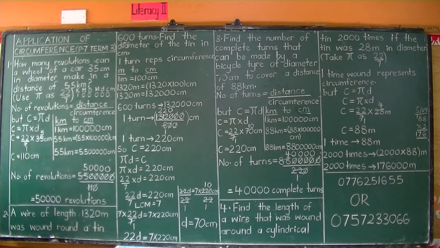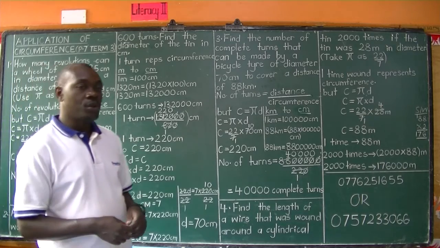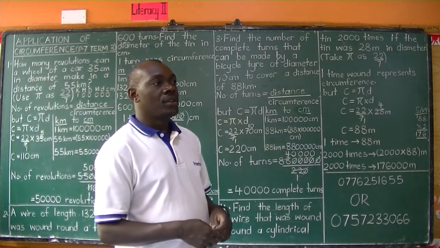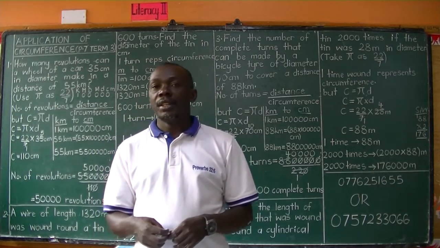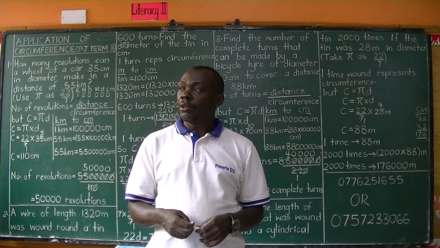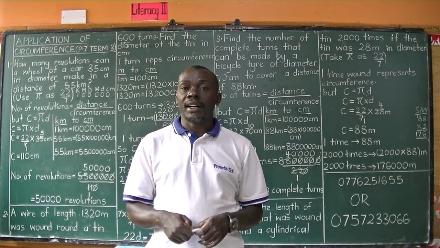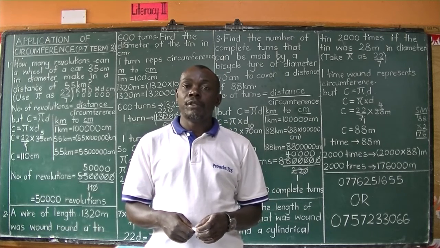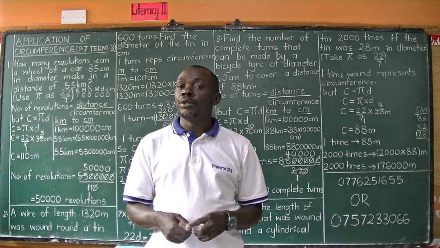Whenever you board any car, any vehicle, you are in motion because of circumference. That's why all those wheels of the car are circular. If they were not circular, just imagine how you'd move.